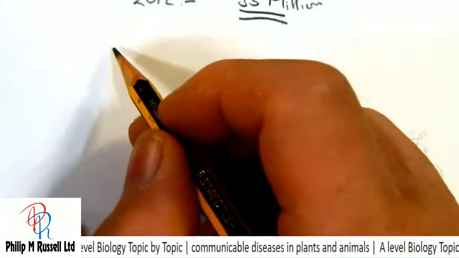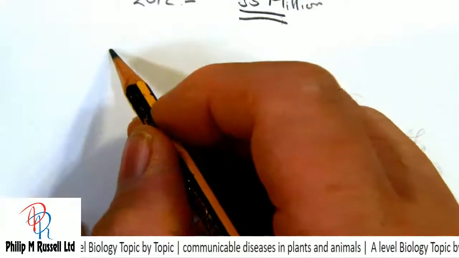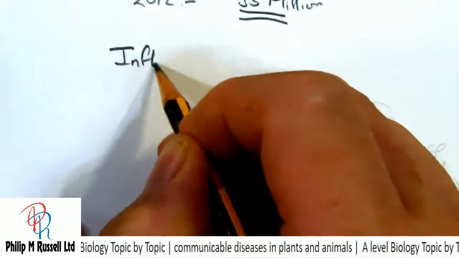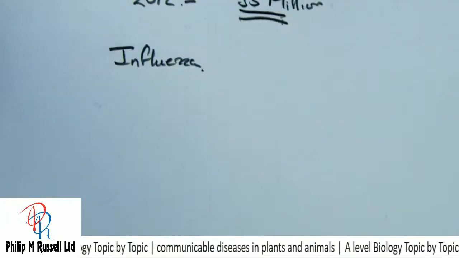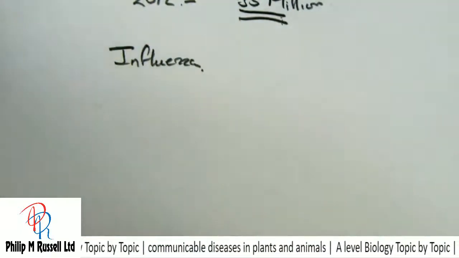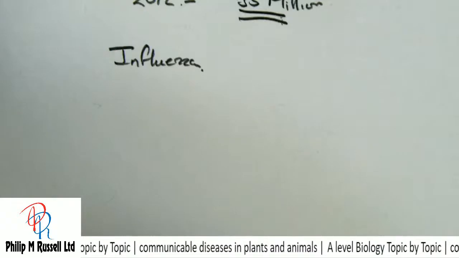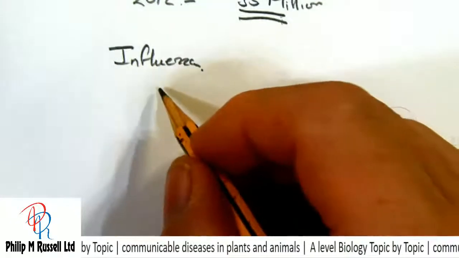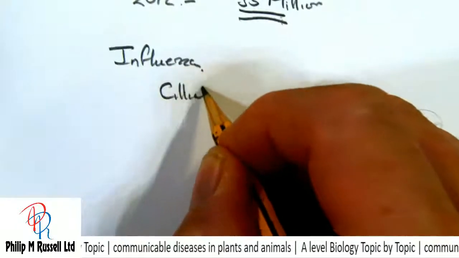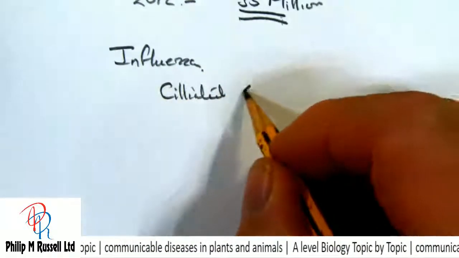Moving on from HIV, a major killer. Influenza. Influenza, a virus of, in fact, something called the ciliated epithelial cells.